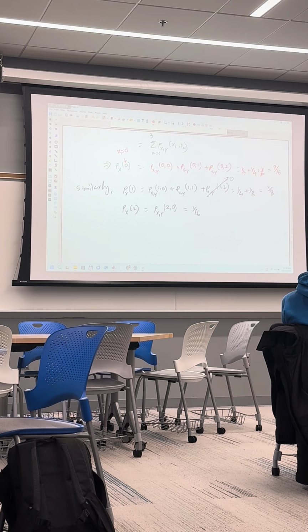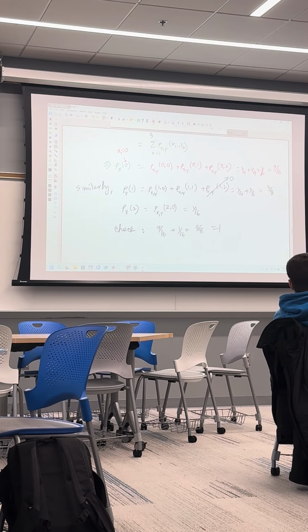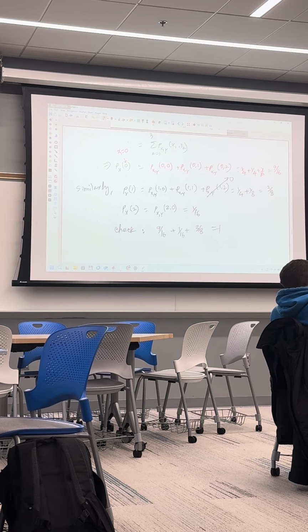Now you add them together, check: 9/16 plus 1/16 plus 3/8. This should be 1, yes. 9/16 plus 1/16 is 10/16, and you multiply 3/8 numerator and denominator by 2 to get 6/16, so this is 1. So that's your marginal PMF of random variable X.